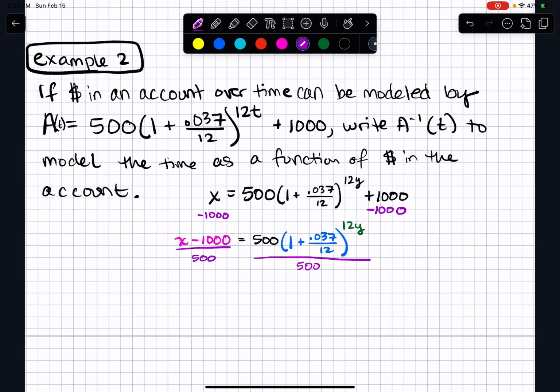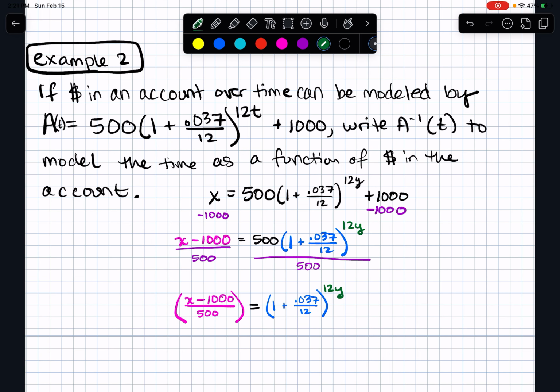Now I have, even though it's a little messy, an argument: x minus 1,000 all over 500, equal to a base, 1 plus 0.037 all over 12, to a power, 12y.